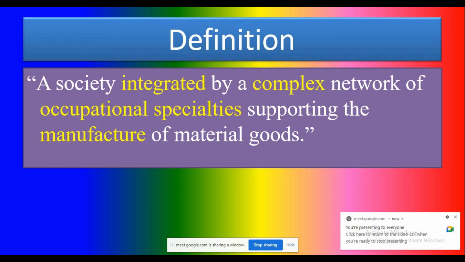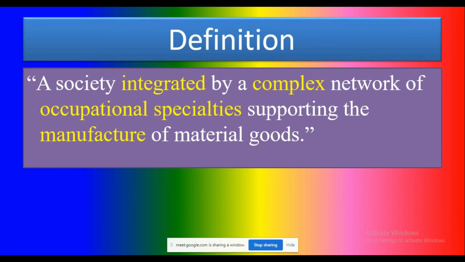Definition: integrated by a complex network of occupational specialities, supporting manufacture of material goods. So, clear about it? In agrarian society they produce agricultural products; here industrial society produces materials, manufacturing goods, material goods.